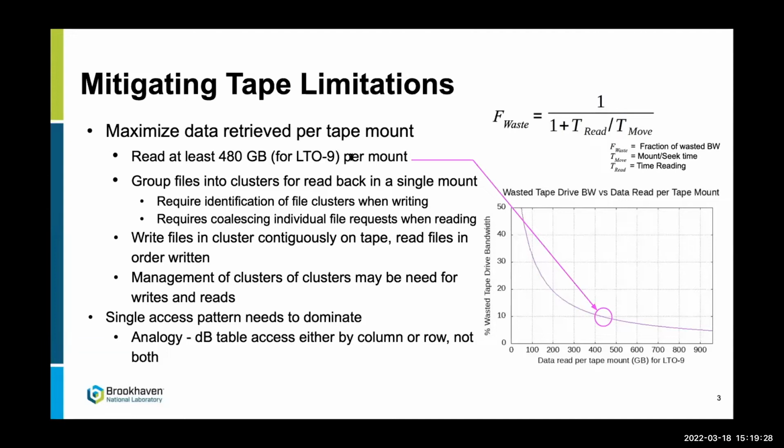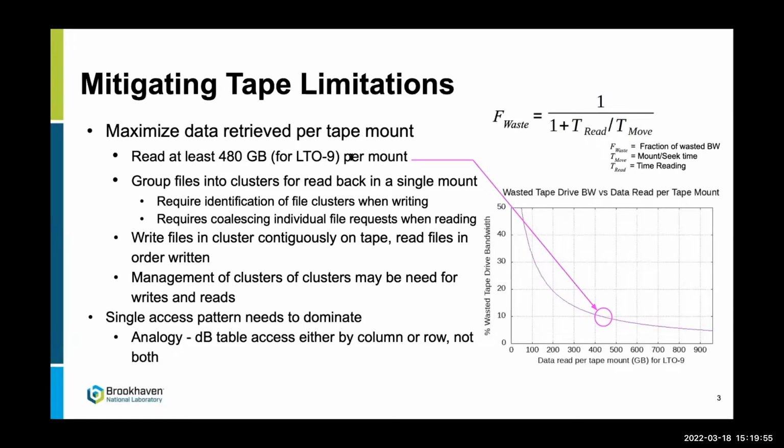Now, if you want to read back files efficiently, first of all, you're going to have to write your files into the tape in clusters, right? It doesn't help that you read a large amount of data from a tape drive if it's spread all over the cartridge, because you're going to be spending a lot of time seeking to each of the particular files.